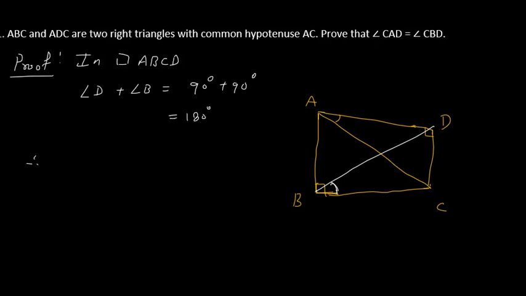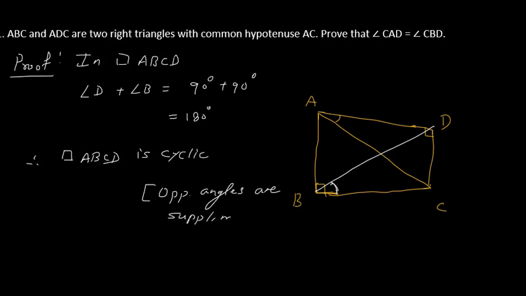Therefore, quadrilateral ABCD is cyclic. Why? Opposite angles are supplementary. So it is a cyclic quadrilateral. Now in a cyclic quadrilateral, the angle subtended by a chord at two different points on the circle is the same.